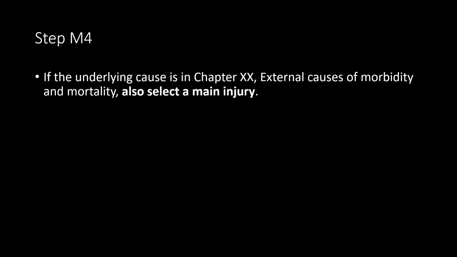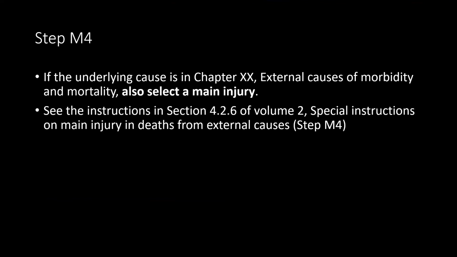Let's go through the instructions under M4. If the underlying cause is in Chapter 20, external cause of morbidity and mortality, also select a main injury. See the instructions in Section 4.2.6 of Volume 2, special instructions on main injury in deaths from external causes.